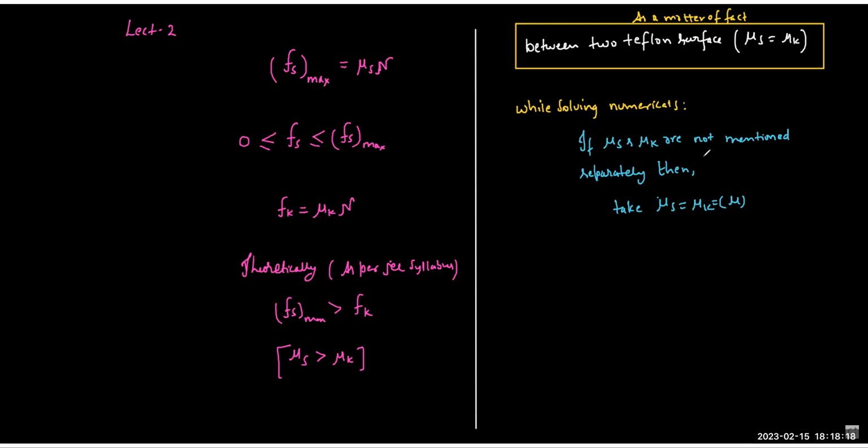You take both as same. We'll continue this assumption that mu s is more than mu k as and when required theoretically. So these are some sort of practical assumptions which we keep in mind while we solve problems of friction.